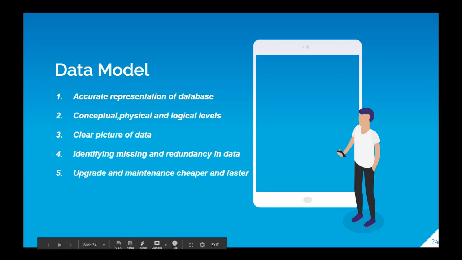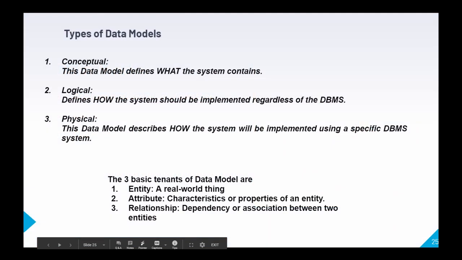Alright, so next, types of data models. There are mainly three different types of data models. Okay, so number one, you have the conceptual. This data model defines what the system contains. This model is typically created by business stakeholders and data architects.